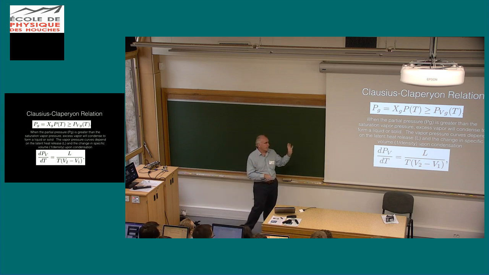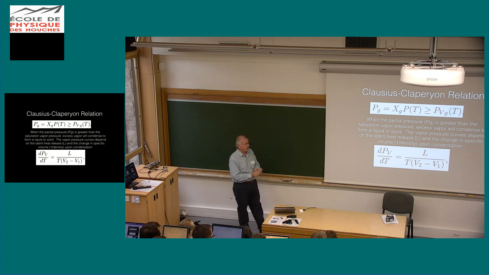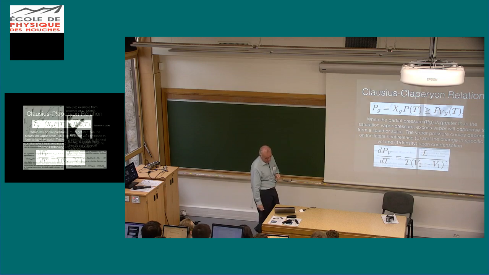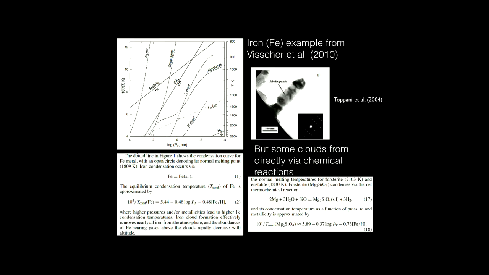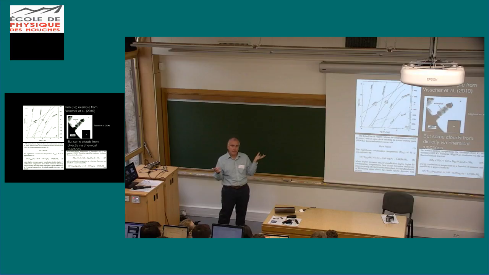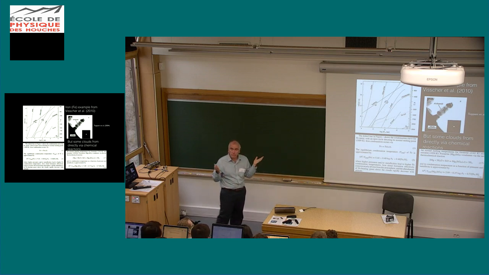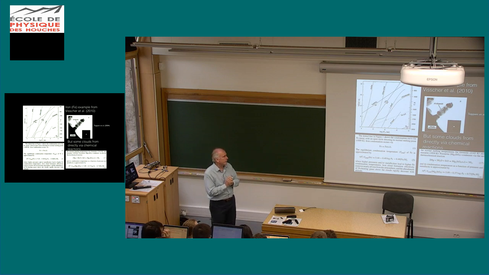It's a more complex story. But to zeroth order, we can think of it that way, that as soon as the vapor pressure is less than the partial pressure, that's when we start to get condensation. And if you do that, some species like iron condenses out and makes little iron drops or iron solids. And it's a lot like water condensing, say, in the Earth's atmosphere.